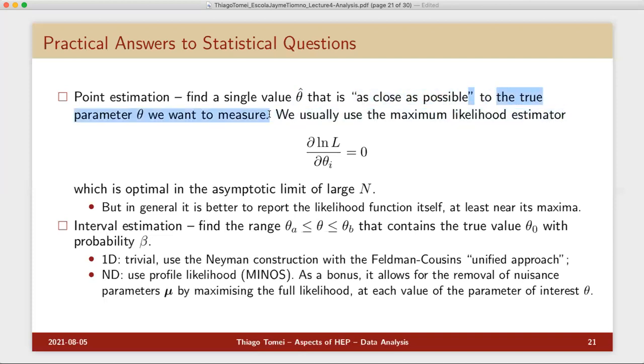So you do some measurement, some estimation that gives you the mass of the electron or the mass of the Higgs boson. And what we usually do is the so-called maximum likelihood estimator. We take the likelihood and we maximize it with respect to the parameters. And you can prove mathematically that this is optimal in some asymptotic limits.